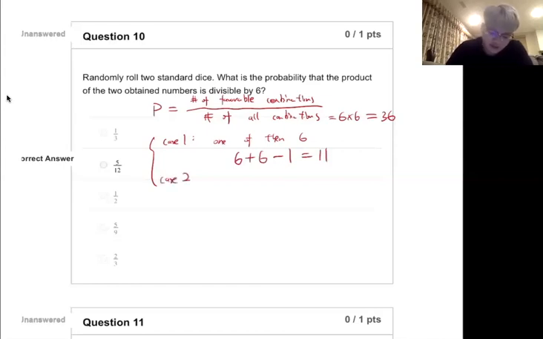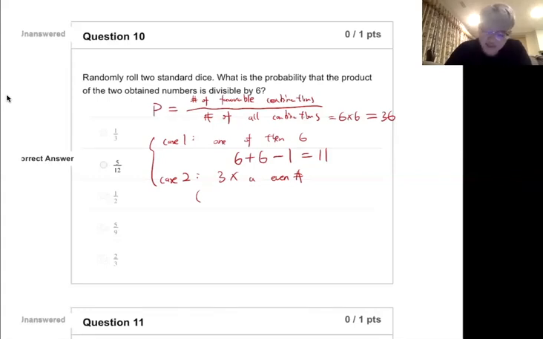And case 2 is 3 times an even number, because what are the prime factors of 6? It will be 3 and 2. So 3 times any even number will give us a number that is divisible by 6. So we can just list the combinations.